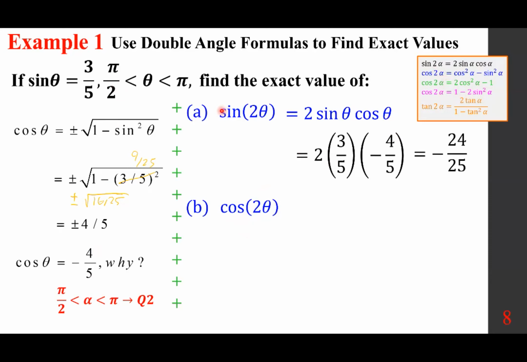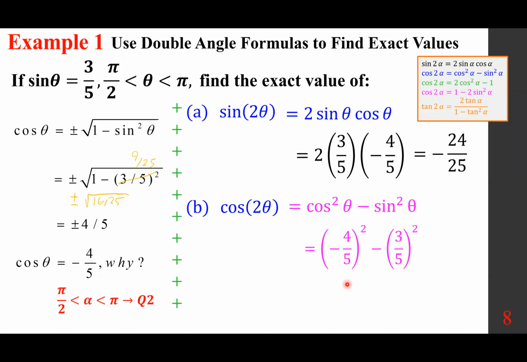Again, if the question just asks for part B, part A is missing, they never asked us, then I don't even have to calculate cosine theta. I'm going to go with 1 minus 2 sine squared alpha. But over here, it doesn't make any difference. Cosine squared minus sine squared. Cosine is negative 4 over 5. When you square it, it becomes 16 over 25, and this becomes 9 over 25, and the difference is 7 over 25.